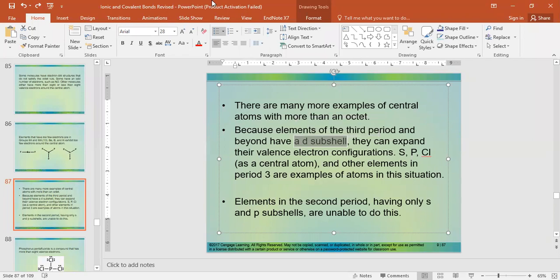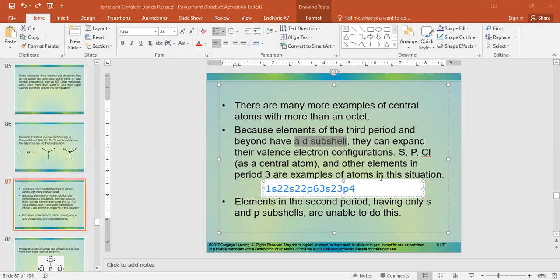They are empty, simply because for sulfur, you are writing 1s2, 2s2, 2p6, 3s2, 3p4. That's what we have. Remember, these orbitals in the 3rd energy level are not already filled.